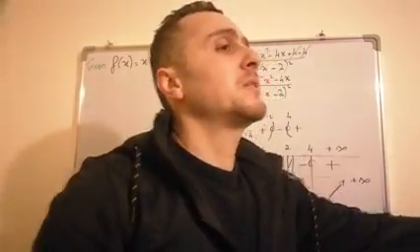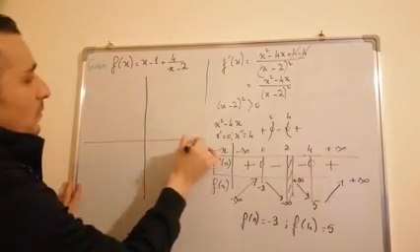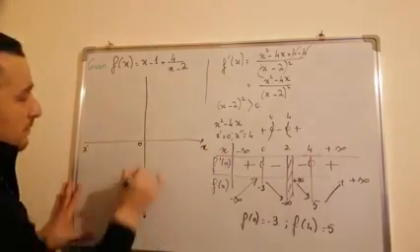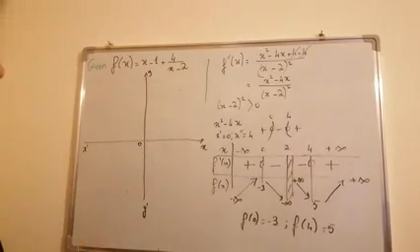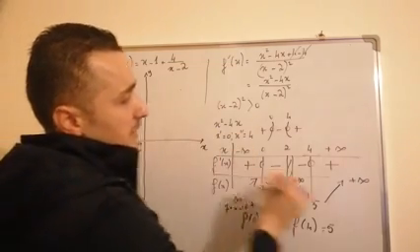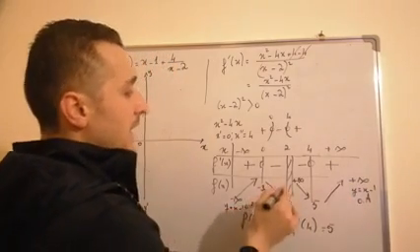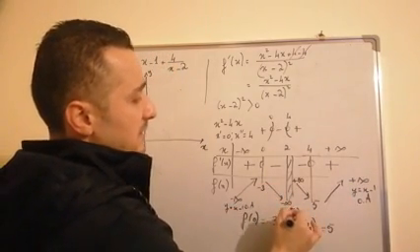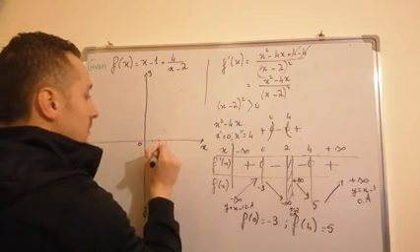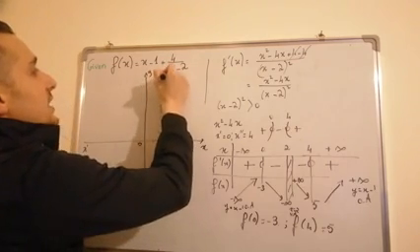In an orthonormal system of axes x prime x, y prime y, we have to draw our curve. y equals x minus 1 is an oblique asymptote at minus infinity and plus infinity. Okay. And x equals 2 is a vertical asymptote. I prefer to draw the vertical asymptote shaded.